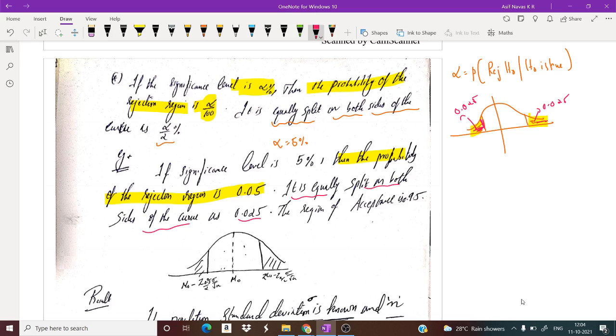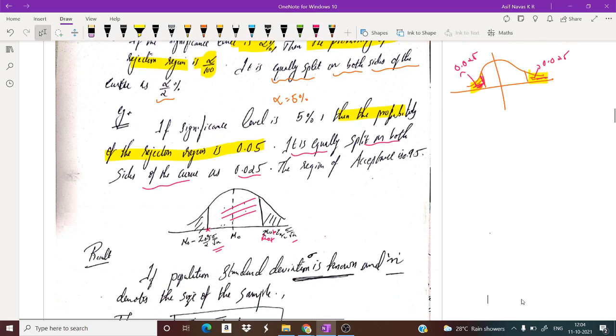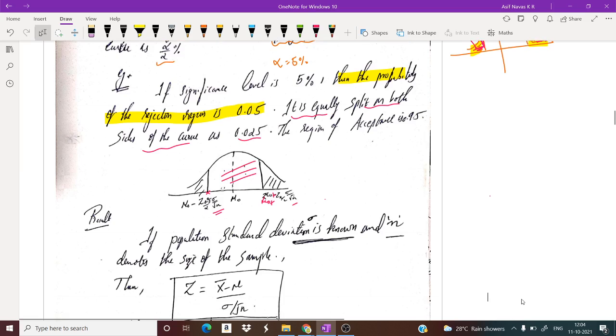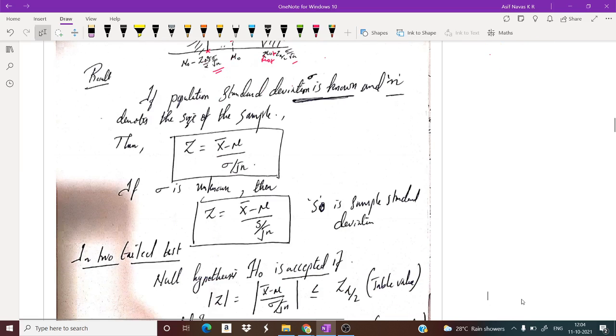Now the region of acceptance is here. That means the limits are mu naught minus z alpha by 2 sigma by root n, and mu naught plus z alpha by 2 sigma by root n. Now how do we test whether we have to accept H naught or reject H naught?